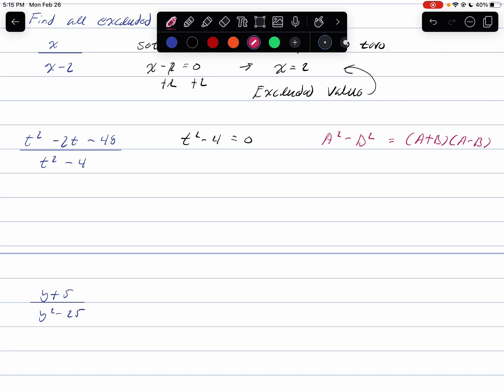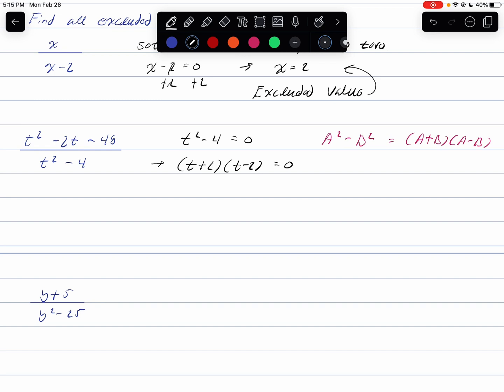So here, instead of a difference of squares, the square root of t squared is t. So this is the same thing as t plus the square root of 4, which is 2, times t minus 2. And this is equal to 0.